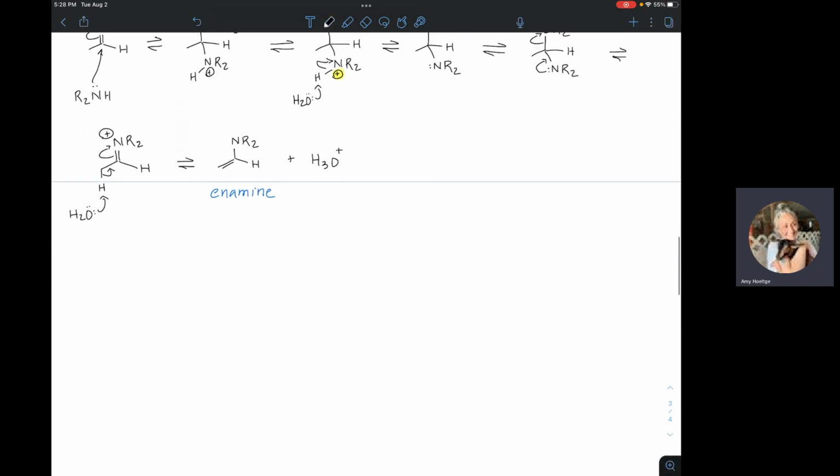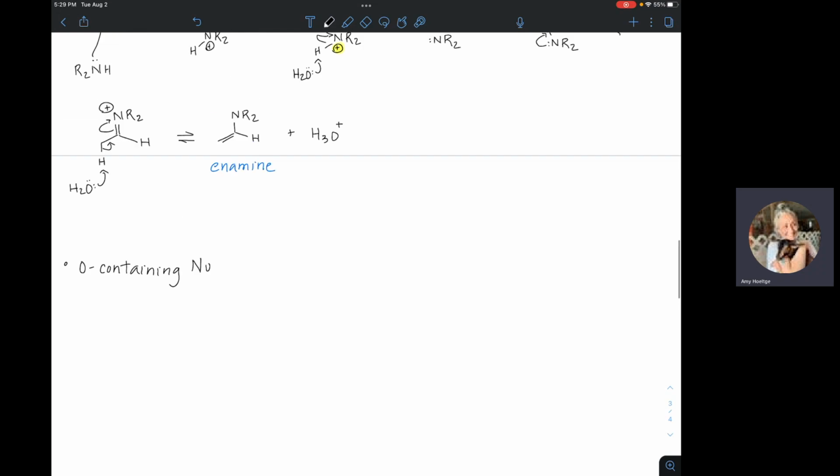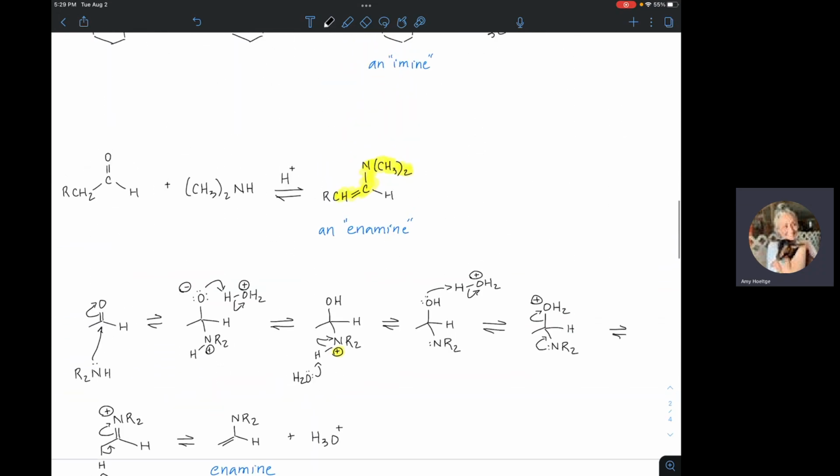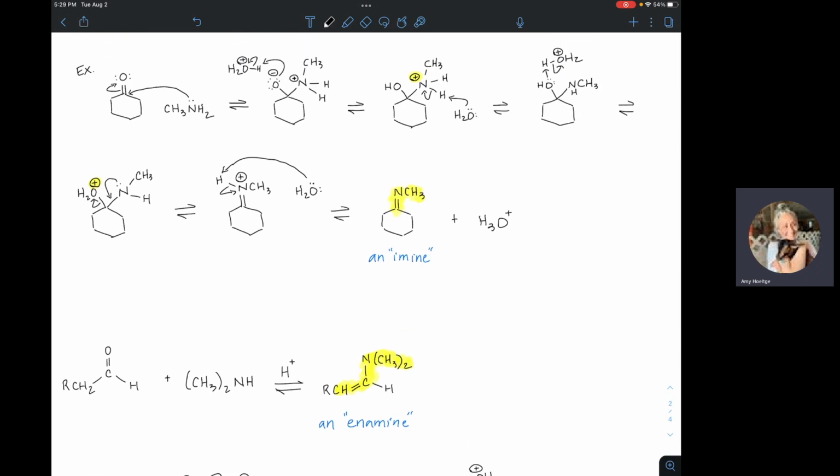Now we've got our last nucleophile category, our oxygen-containing nucleophiles. Just like with the nitrogen-containing nucleophiles, where we're forming a new piece of functionality, a new name for us, an imine. That's just a general name, right? That particular molecule has a name. It is called an imine, though. There's a lot of imines out there.